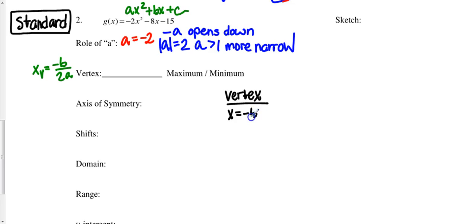It always helps to write the general equation first, because it'll help us to remember that it is -b over 2a. It could also help you to commit to what is a and what is b. So when I come up here, a is -2 and b is -8. So on your own, please take a second and work on what is -b over 2a using a is -2 and b is -8.